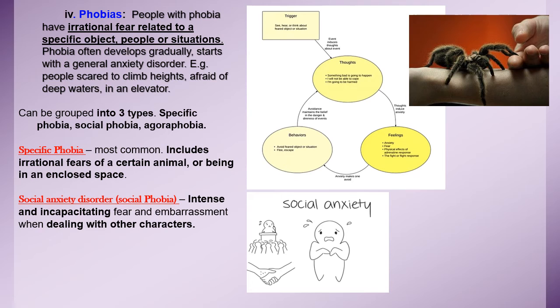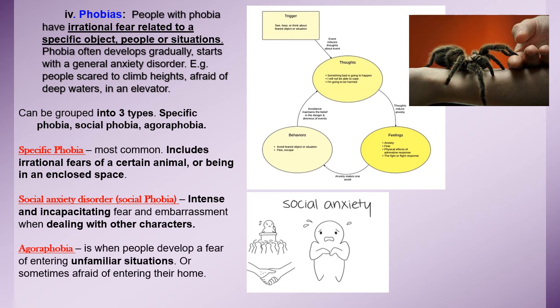That is social anxiety disorder, that is social phobia. Even to shake hands with another person, they have intense fear, and they also have a certain kind of embarrassment every time. That's of course again another irrational fear. It's not rational.